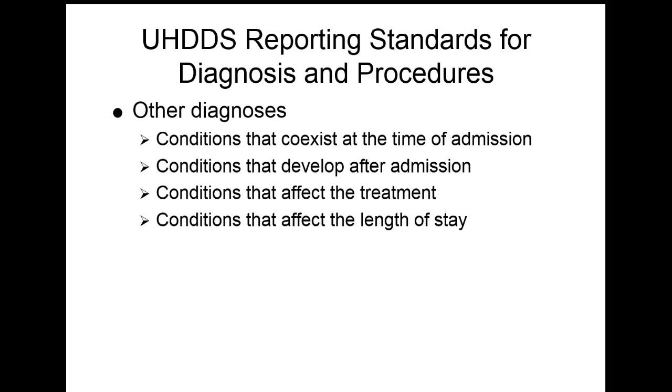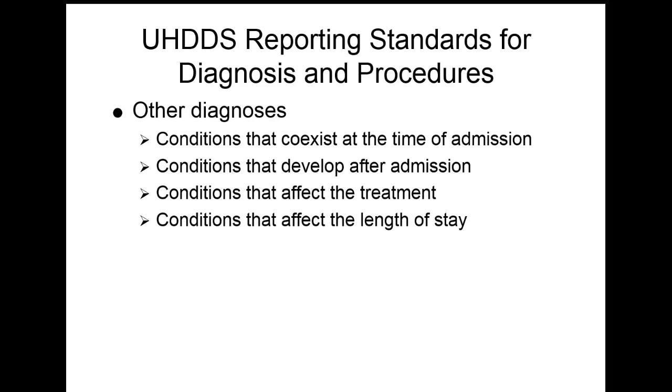The condition that occasioned the admission was the lung cancer, and the definitive procedure for that lung cancer was the resection of a lobe of the lung. That would be the principal procedure. We would also code as a secondary diagnosis the fractured hip, and then as a secondary procedure the replacement of that hip.